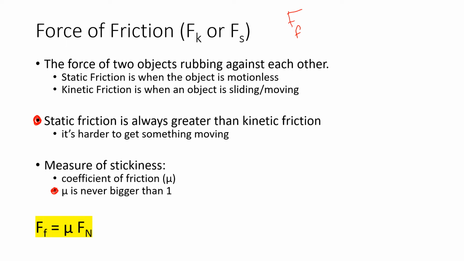And then down here it says that the coefficient of friction is never bigger than 1. So that's both of these here, that static friction is always bigger than kinetic friction, and that mu is never bigger than 1. Both of those are important for calculations.